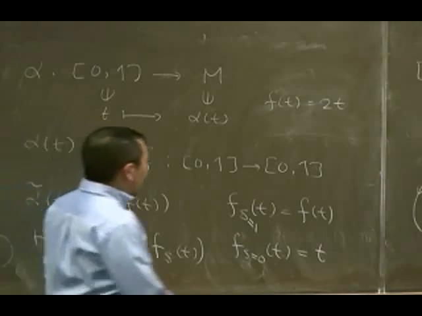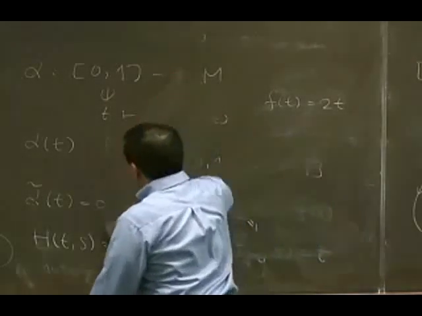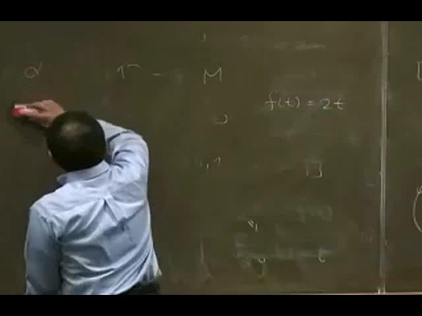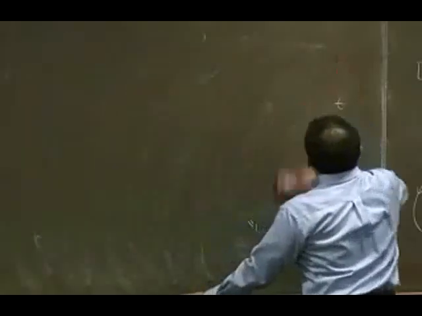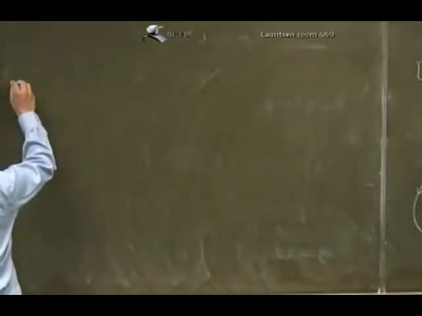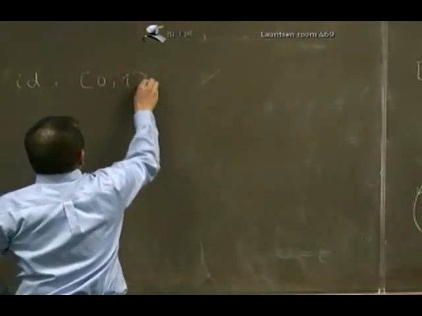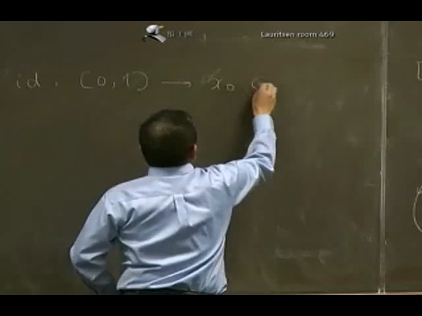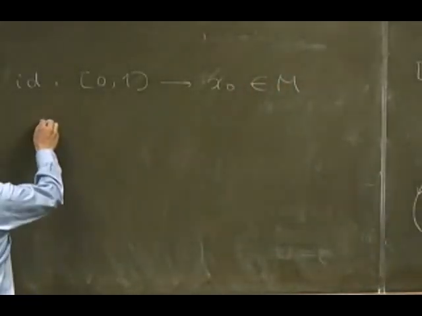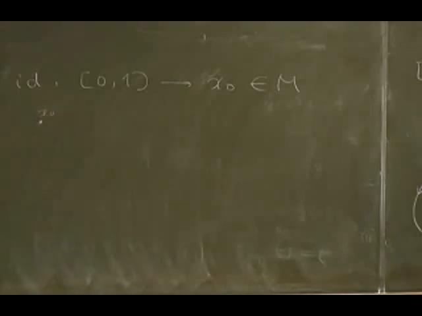So I was talking about defining multiplication. Oh yeah, I was going to explain how you define the multiplication, inverse, identity, etc. I was saying that the identity, which maps 0 to 1 entirely to x naught, is an identity. This one is sitting there throughout the process.